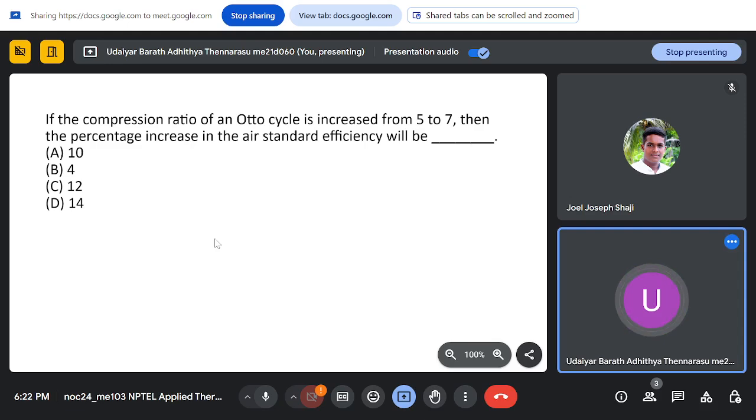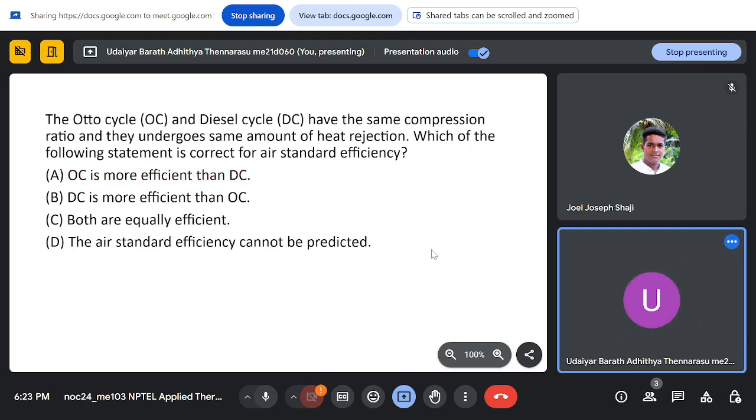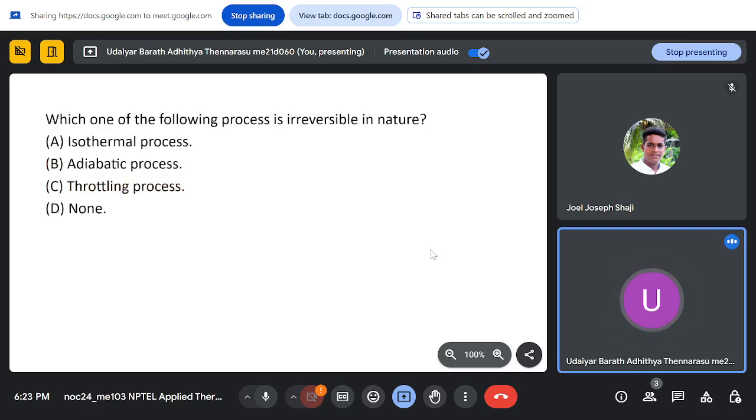We can find it using the efficiency formula for the Otto cycle, going back to the previous formula.